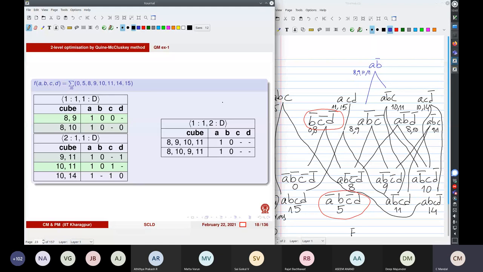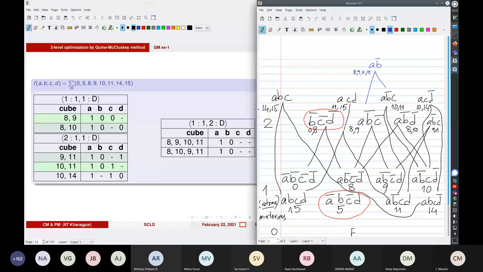Now look at this, 8, 10 and 9, 11. Can you combine them?